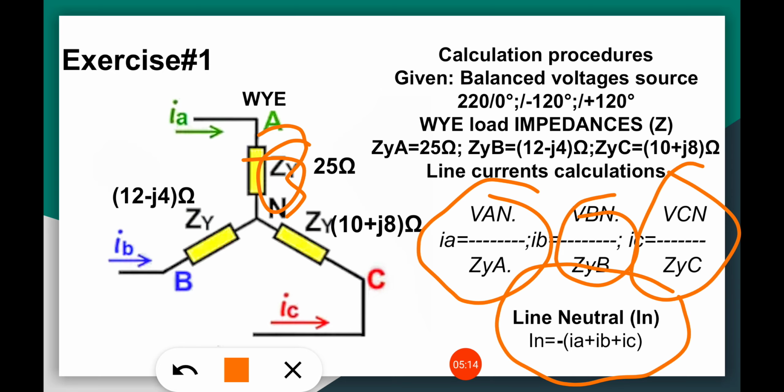It has to have a neutral current passing through the neutral line and going back to the source.